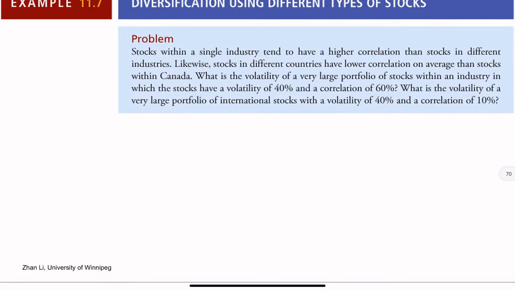What is the volatility of a very large portfolio of stocks within an industry in which the stocks have a volatility of 40% and correlation of 60%? What is the volatility of a very large portfolio of international stocks with a volatility of 40% and a correlation of 10%? Okay, you can see that we don't have a lot of numbers here.